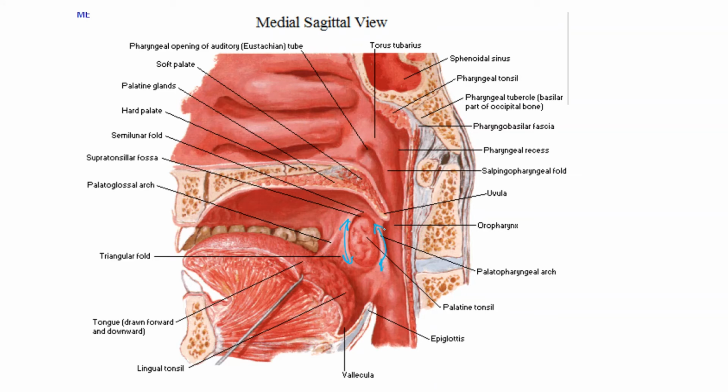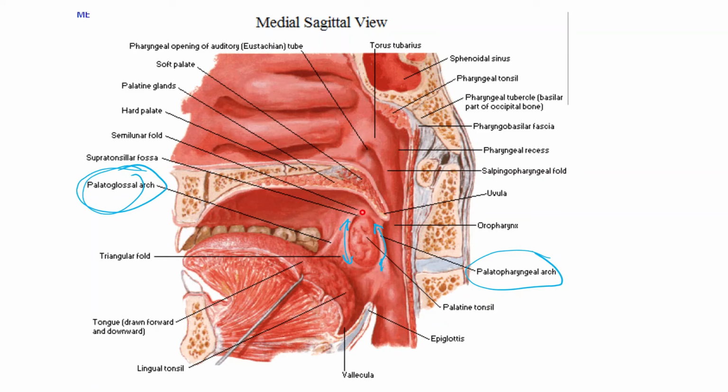The anterior border is limited by the palatoglossal arch, and the posterior border is limited by another arch reaching the pharynx, which is called the palatopharyngeal arch. These two arches contain the muscles of the same name deep to the mucous membrane. So this is about the anterior and posterior borders.